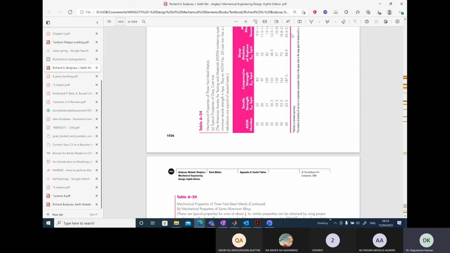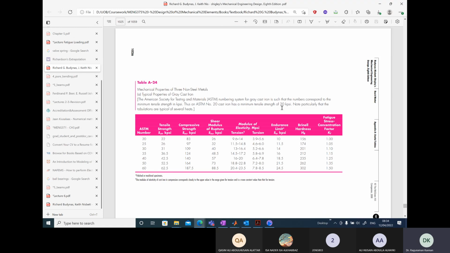Let's rotate this. Okay, these are all gray cast iron, so this is the correct table. Grade 30, we are given Sut and Suc. You can see shear modulus, elasticity, and what else? The endurance limit Se is directly given.